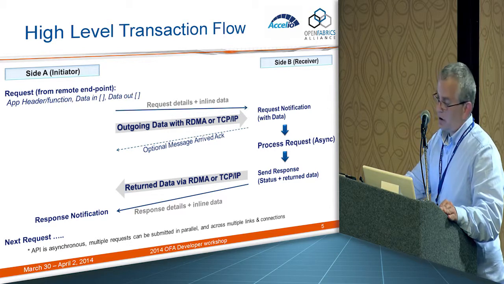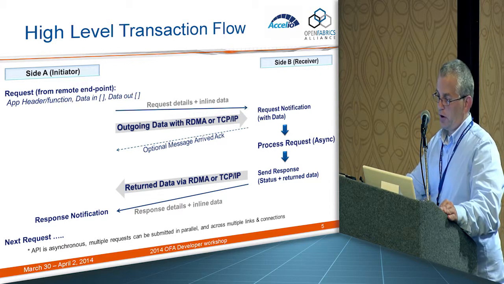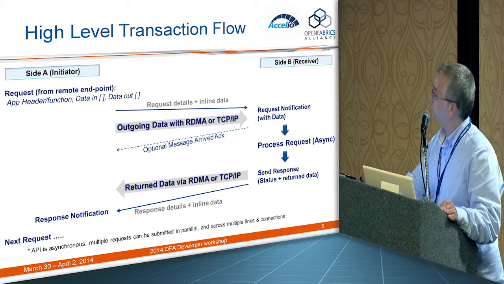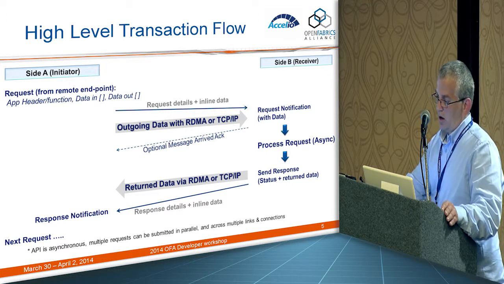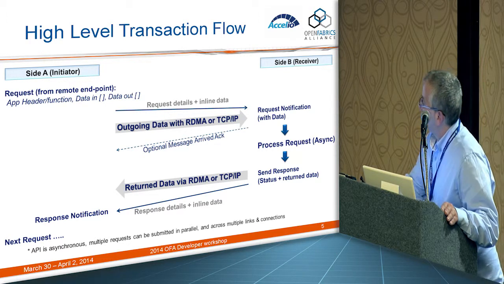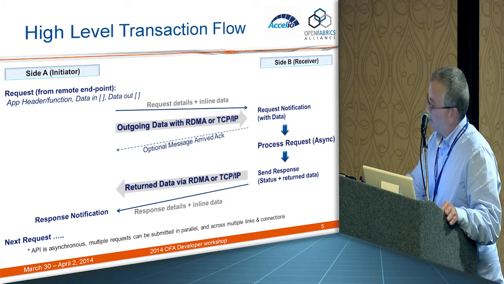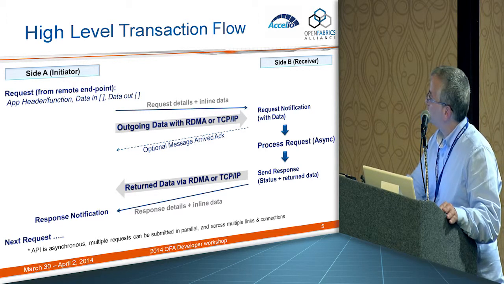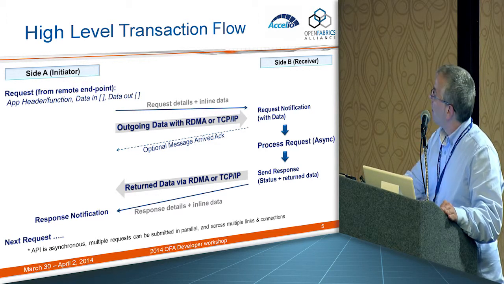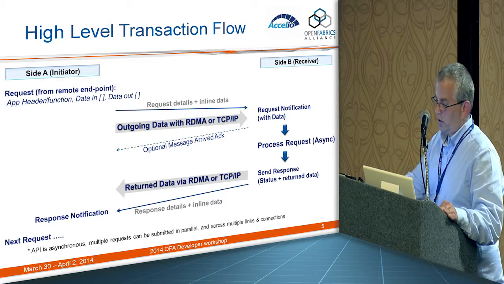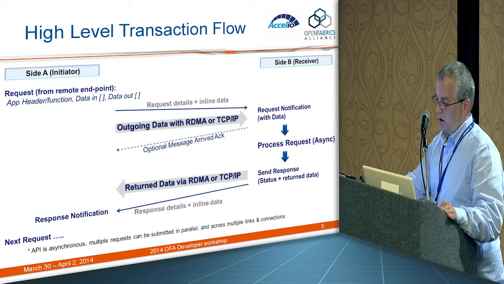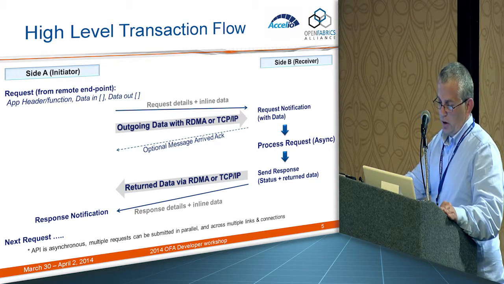Side B is now listening for incoming messages. It gets a request notification with data. It can take the data and process it in an asynchronous way. When data is ready, it can send a response back with return data. So the data is sent back to the client side.